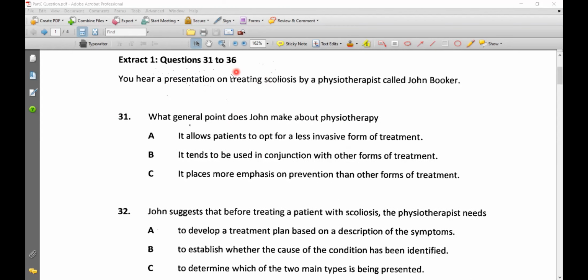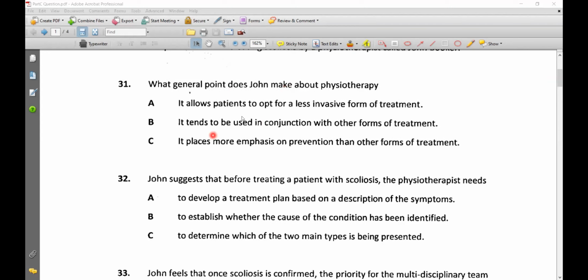The conversation in C will be around 4.5 to 5 minutes. The entire presentation is on the treatment of scoliosis, but within that you will have some subtopics. Question 1 says, what general point does he make about physiotherapy? Usually the first part of their talk would be a general talk.